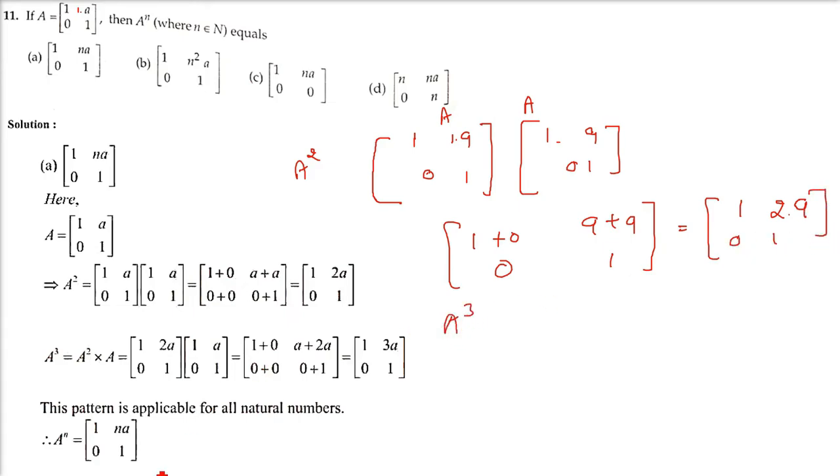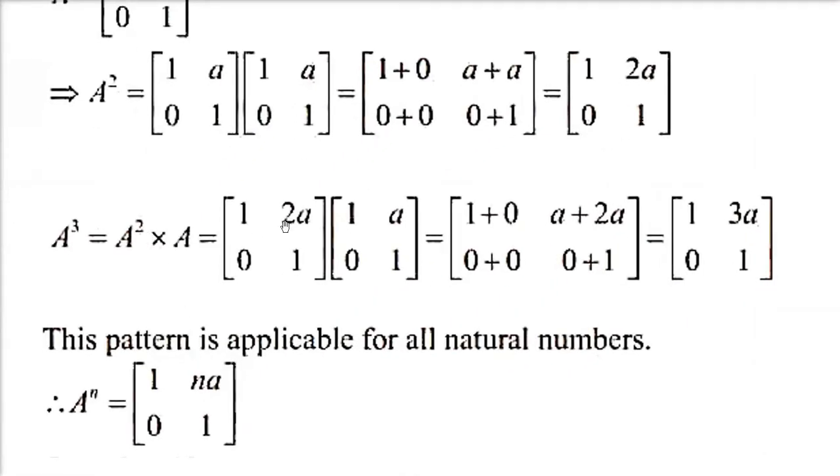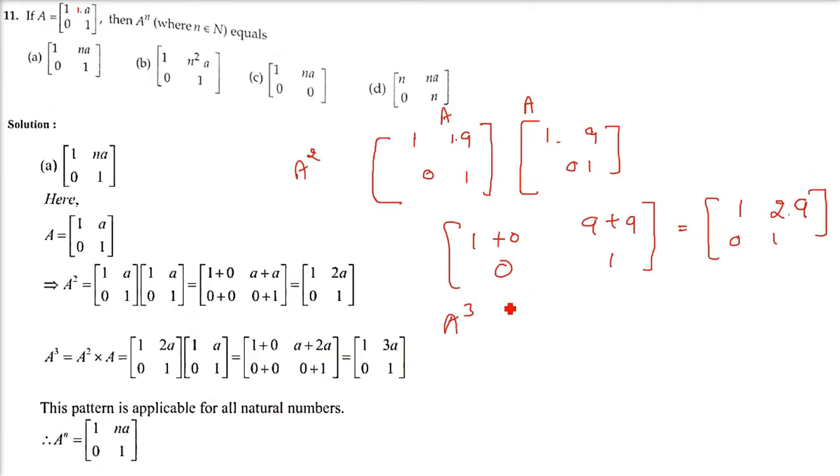So if you do A cubed, this will come as 3A. You do A to the 4, it will come as 4A. So this is the pattern: A cubed gives 3A, A to the 4 gives 4A. Whenever you do A raised n, it will be 1, nA, 0, 1. This is your answer.